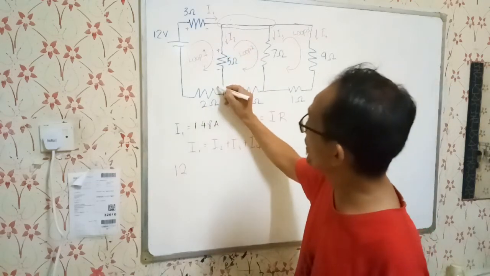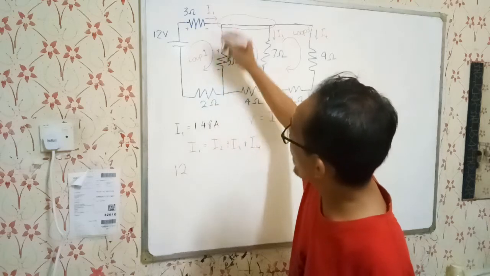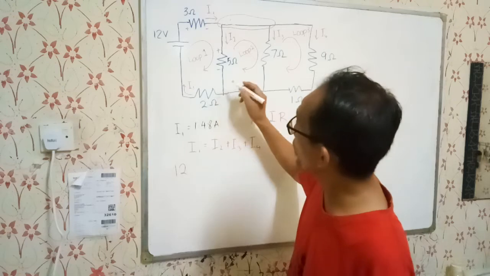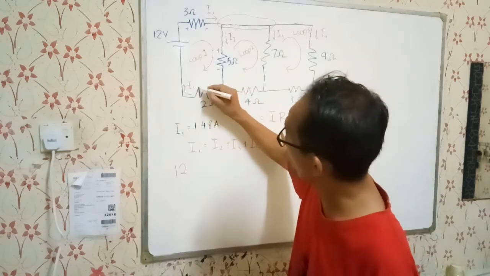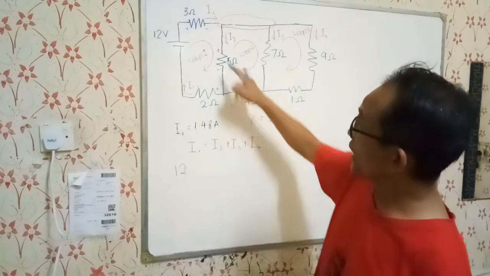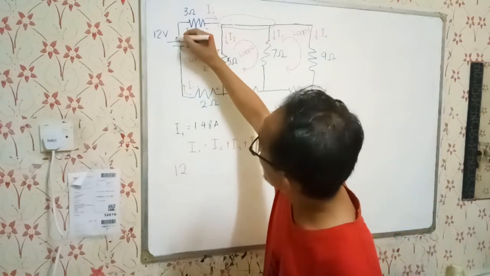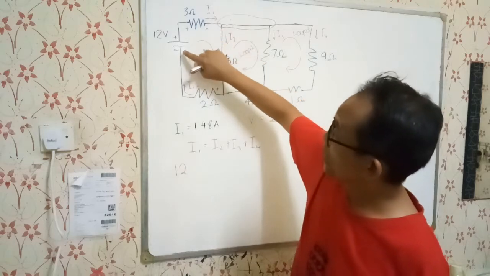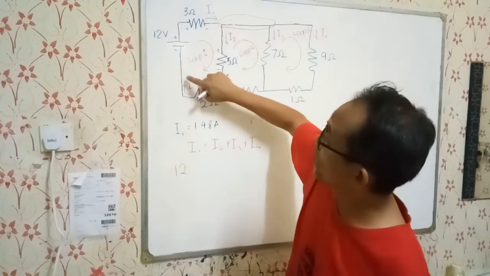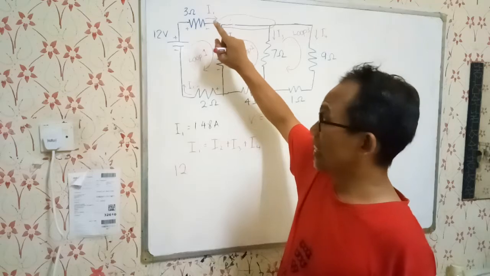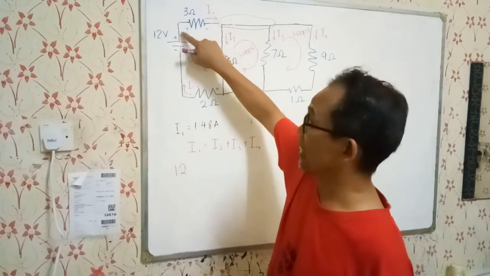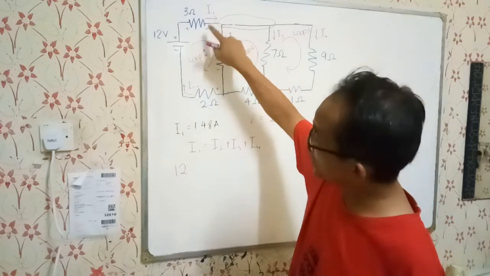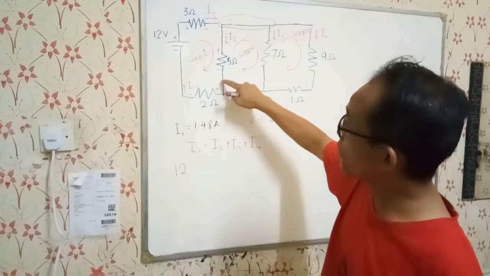And for the 2 ohm resistor, the current I1 will be flowing in that direction, and so the polarity is plus over here and minus over there. As for the battery, it will be plus minus. It is the reverse. So as for the voltage across the battery, as we go in the flow direction of the current, it is rising. But when it goes through the resistor, the voltage drops. Same for all three resistors.